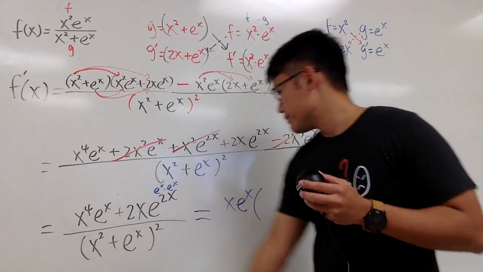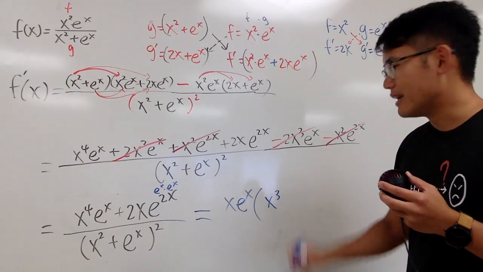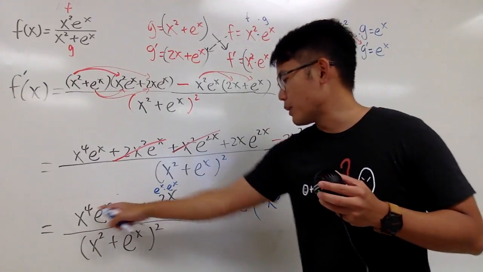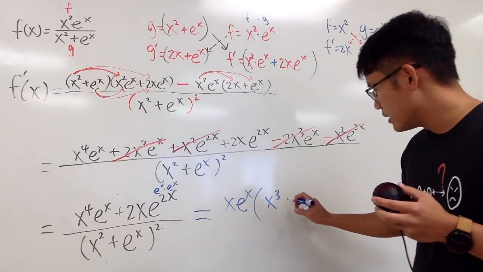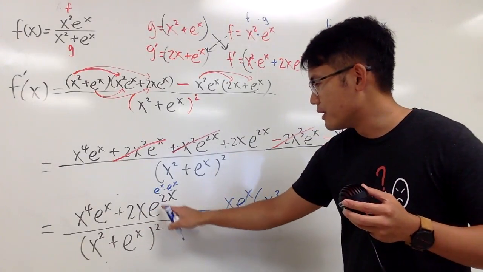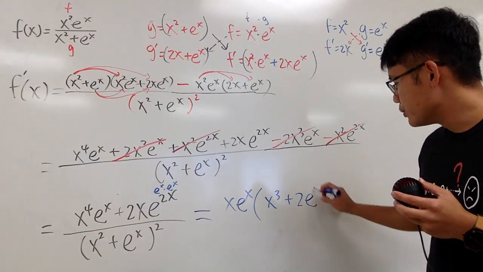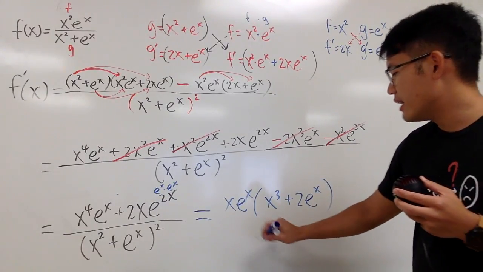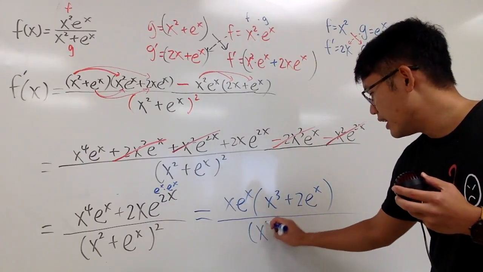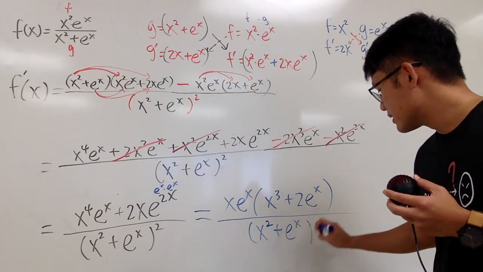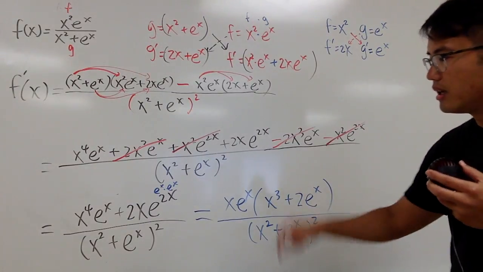Anyway, here you have x to the third power left. This is out, and then you went down by 1 for the power. And then from here, this x is out, so you add 2, and then you have one more left, namely e to the x. And then this is all over that guy, parentheses x squared plus e to the x, squared.